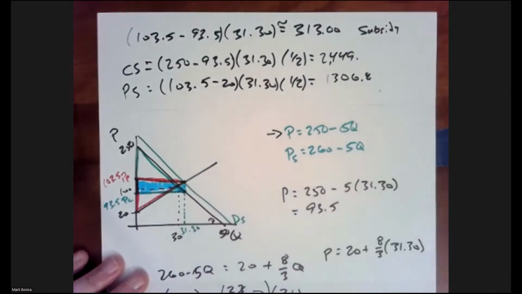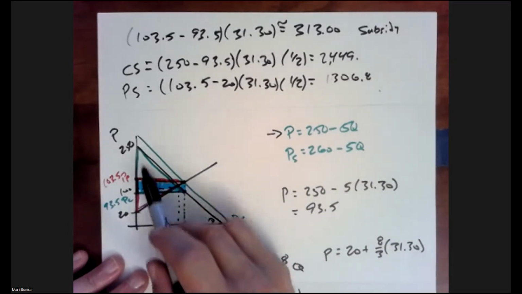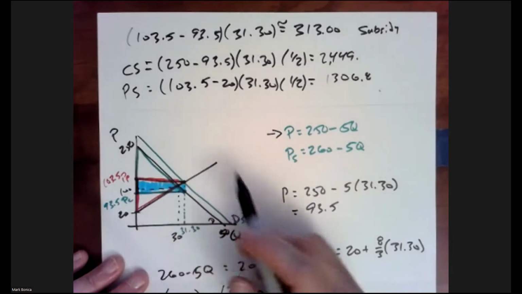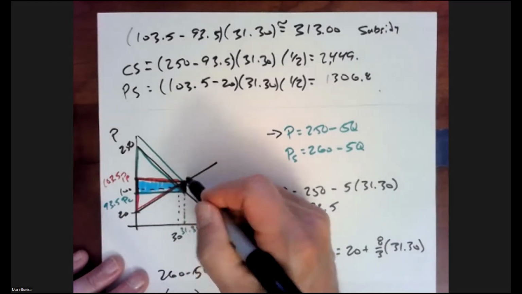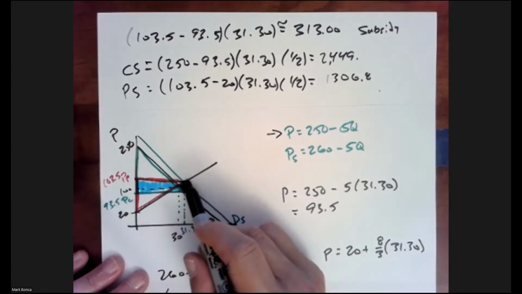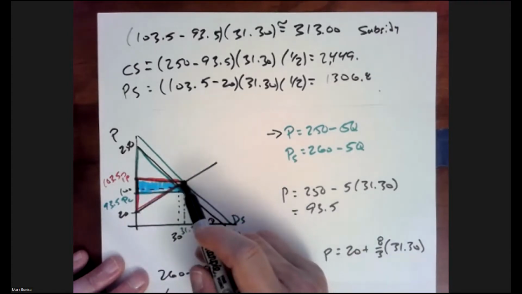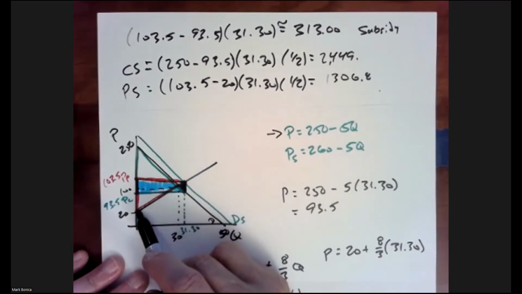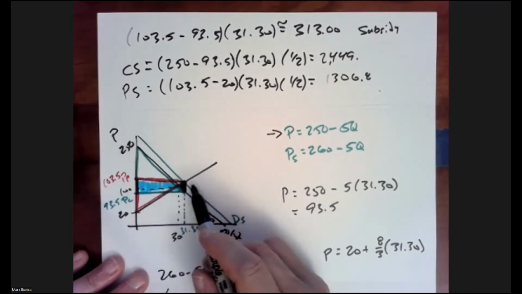Okay. Now, notice that the red goes up over and the green comes down under, but this triangle right here is neither in the red triangle. The red triangle goes just up and over it, and the green triangle goes underneath it. And so it occupies a piece of the subsidy that is neither producer surplus nor consumer surplus.